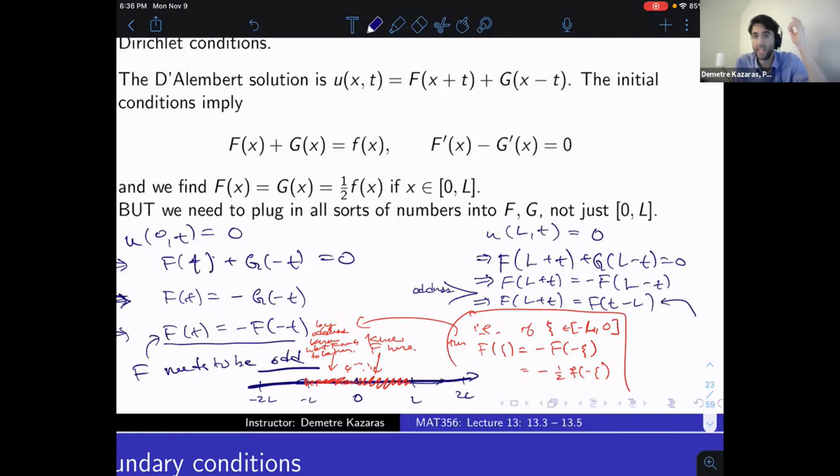Okay, so when I take F of T and I add L to it, if you rewrite this, you think of T as L plus Xc. Xc is L plus T. Then this equation reads as F of Xc is equal to F of T minus L. Wait, no, that's not right.